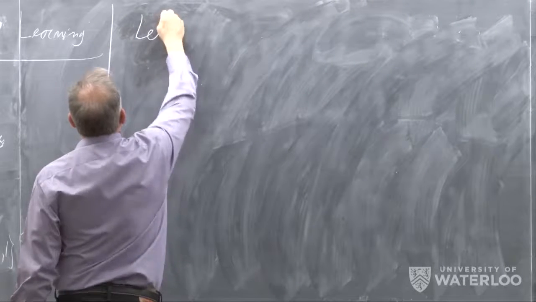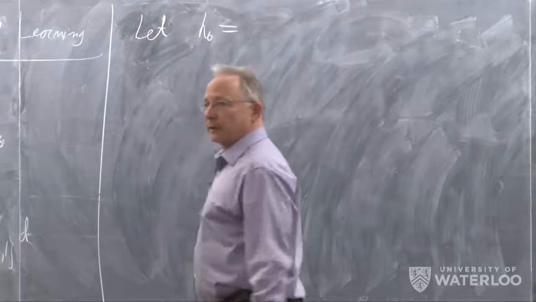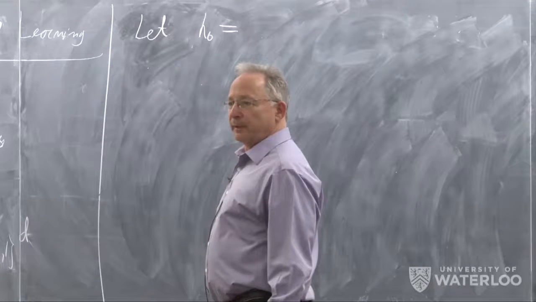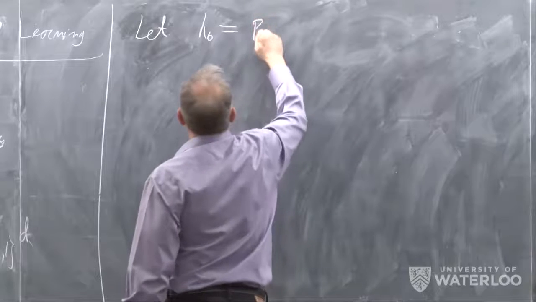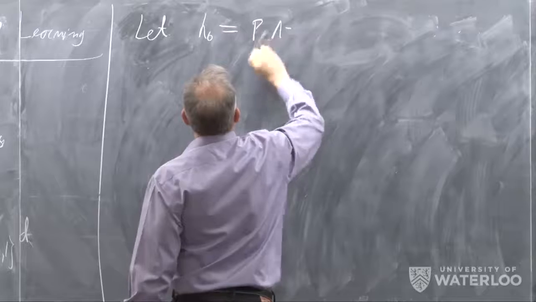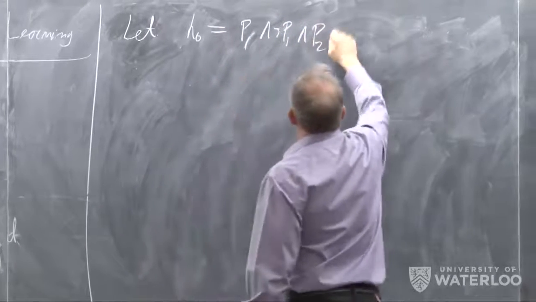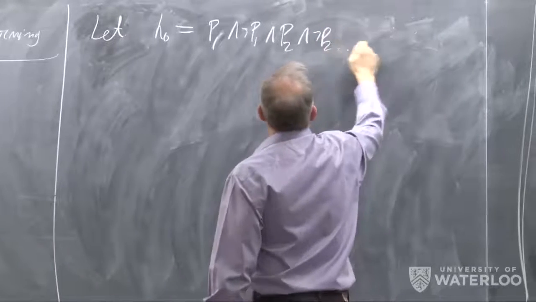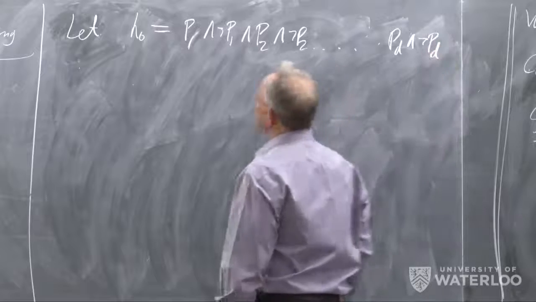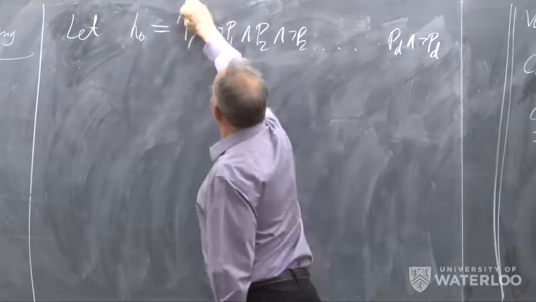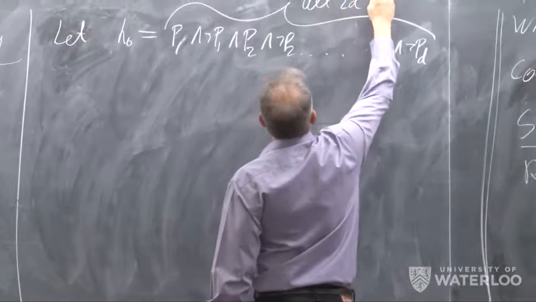Let H0 be the full conjunction. So H0 will be the conjunction of all possible literals: P1 and not P1 and P2 and not P2 ... and Pd and not Pd. So what I have here is all 2d literals.